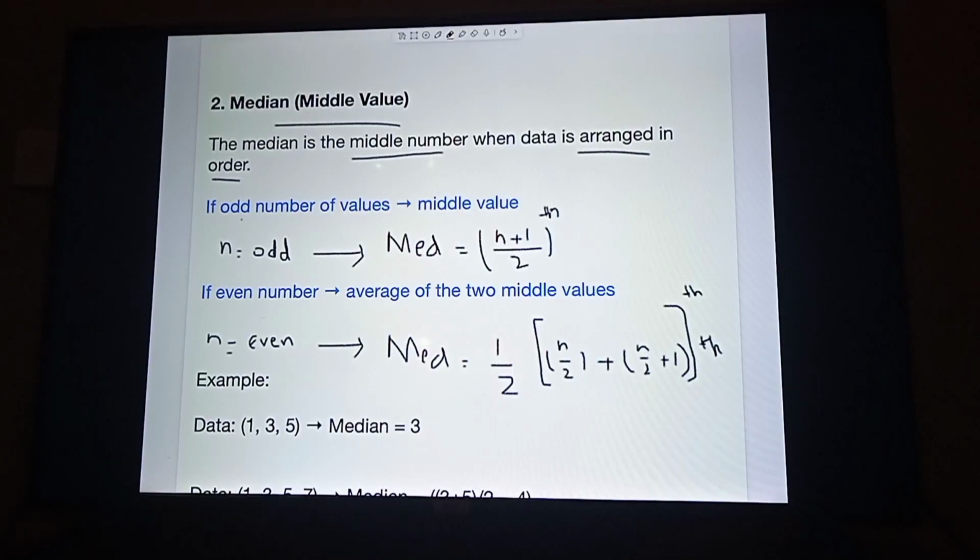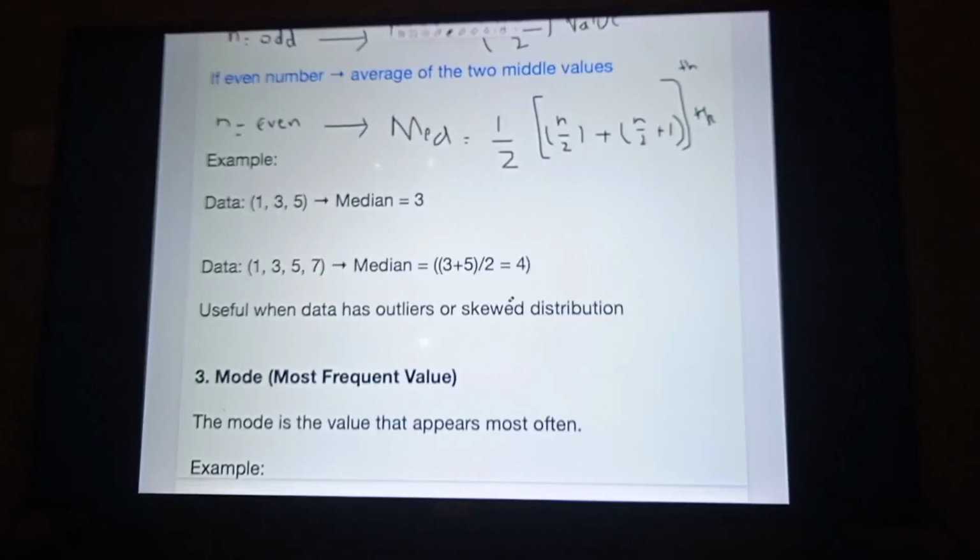First locate the median and then pick the value from the observations. This way you will get the middle value.